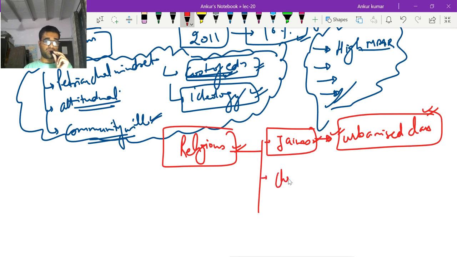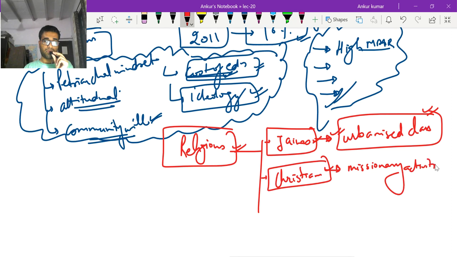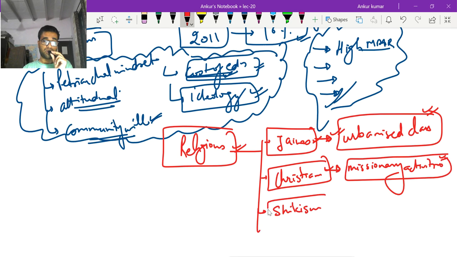And then in the case of Christians, on the second rank, the literacy is high. They were benefited because of the missionary activities. Okay, and third, the literacy is high in Sikhism.